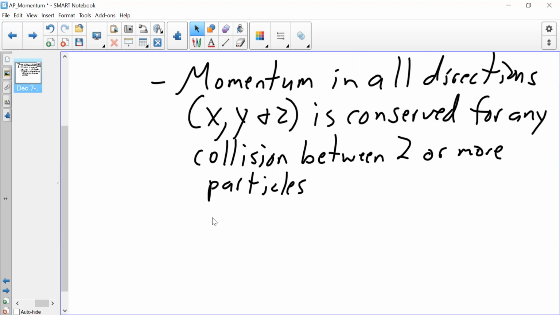We've treated everything in terms of X and Y, so the same thing is going to happen for momentum. The concept is the same as we've seen thus far, so we're going to be treating collisions the same way.